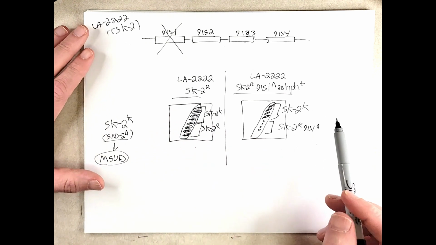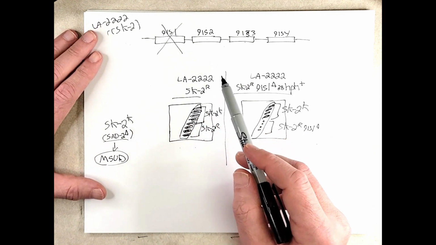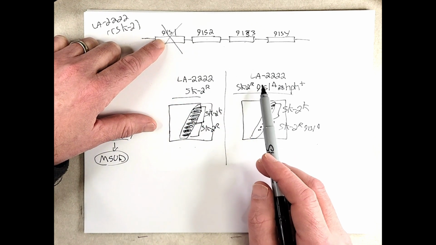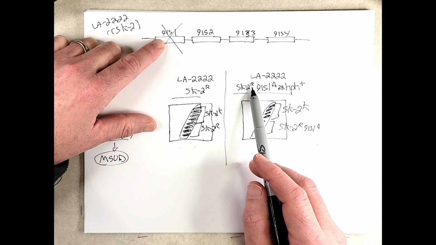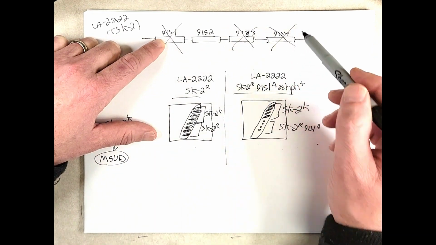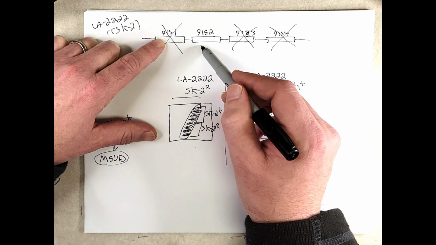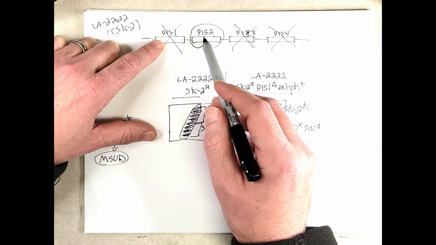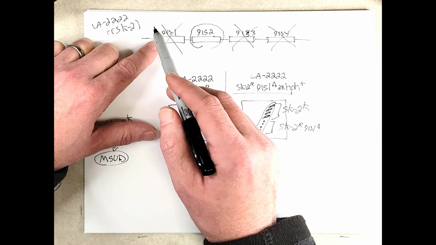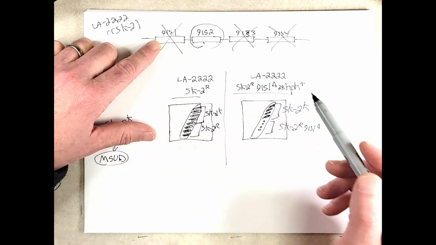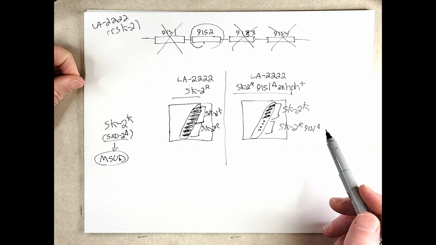Okay, so this result indicates that when we delete this 9151, that strain that is normally resistant to spore killing is no longer resistant to spore killing. We don't see the same thing when we delete 9153 or 9154. It actually wasn't possible to delete, at least in that study, 9152, and we show by some other complicated processes that 9152 is not required for resistance to spore killing.